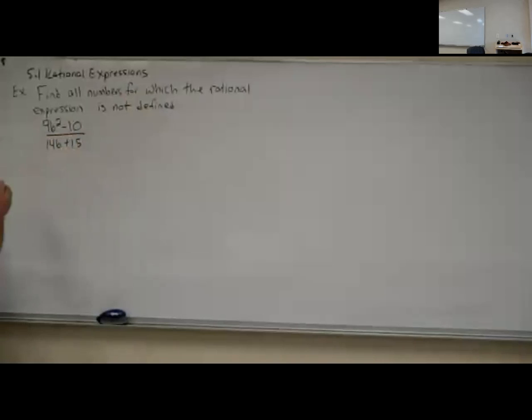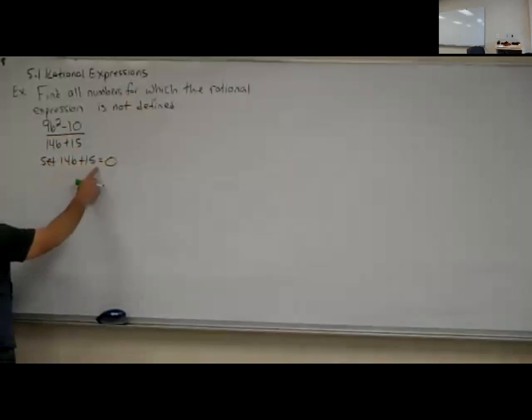So we're only worried about the bottom of this fraction equaling 0. So I'm going to find that by setting the bottom equal to 0, and then solving that for the b. Once I get the b, that'll give me the number that makes this undefined. We want to solve for b, so I'm going to subtract 15 from both sides.